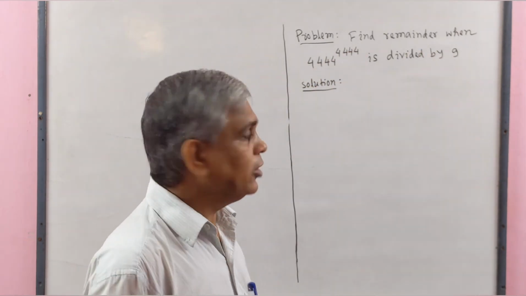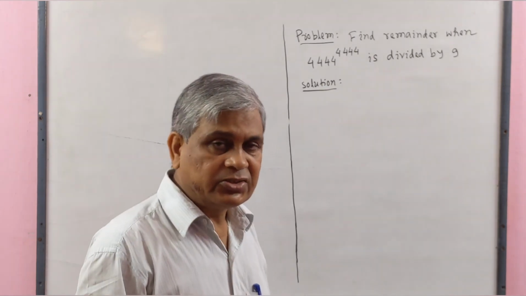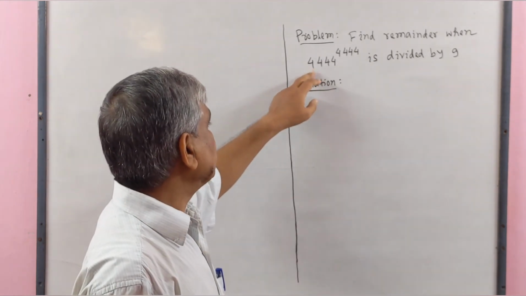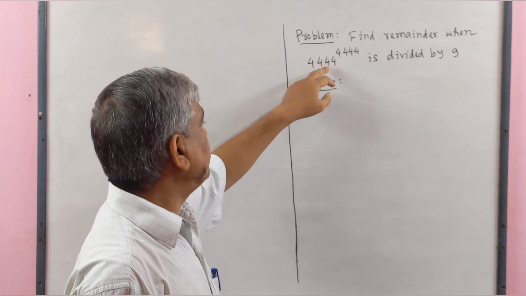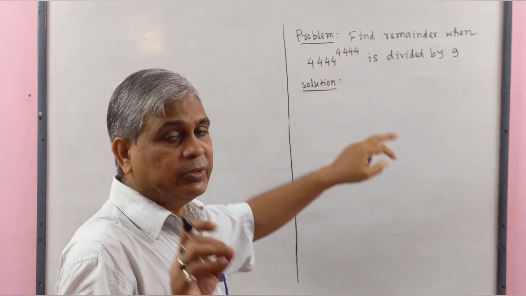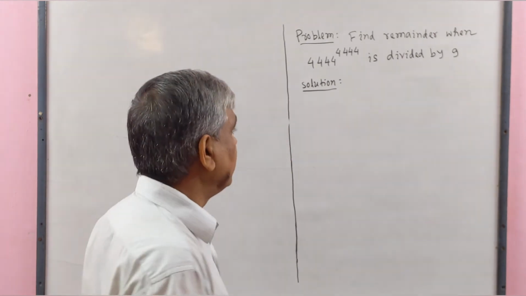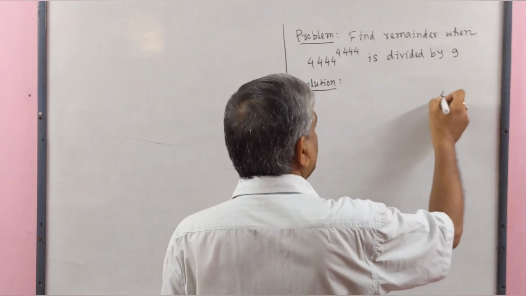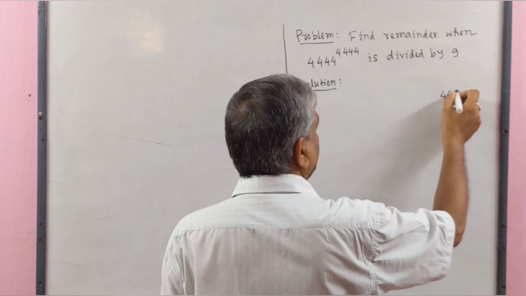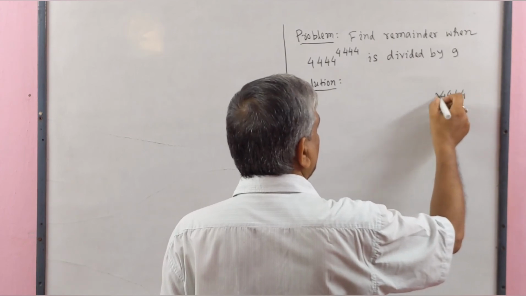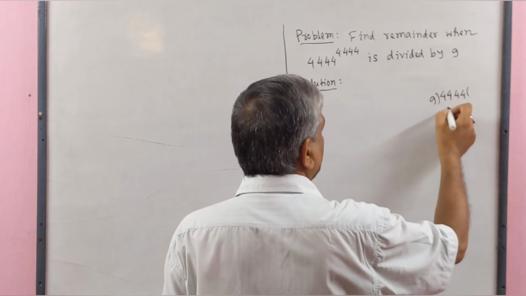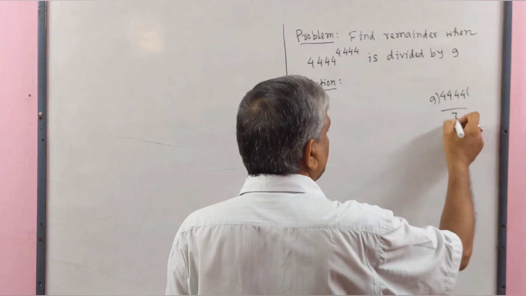Now we solve this. When 4444 is divided by 9, it leaves remainder 7.